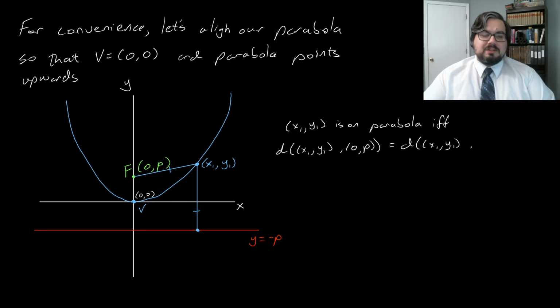Since we're going straight down from the point x1, y1 to the directrix, we know that this point down here has to be at the location x1, comma, negative p.